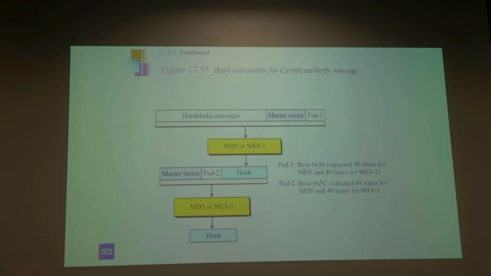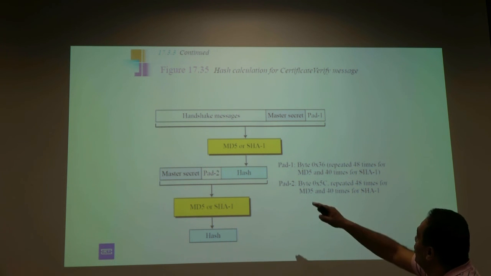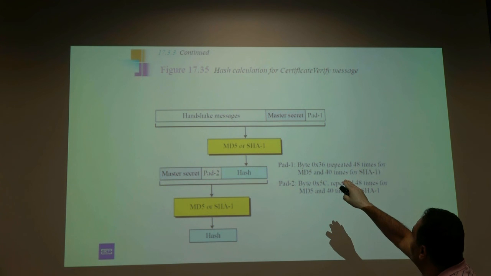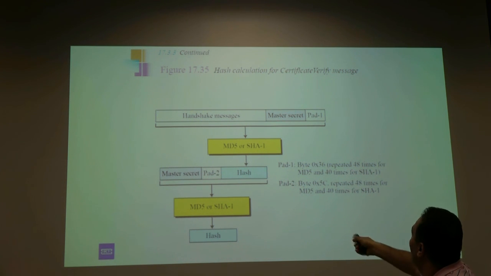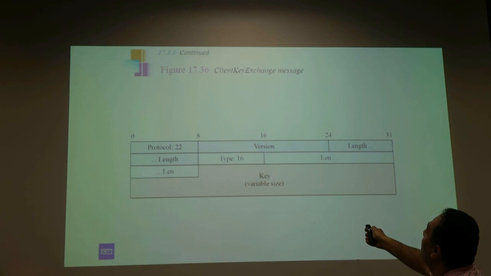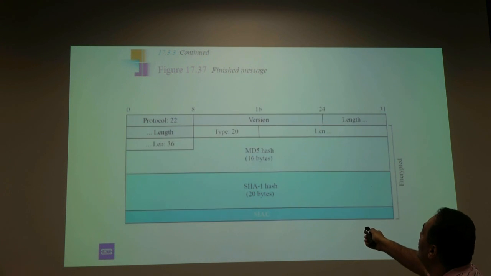Then we have the client, and here the hash calculation for the certificate verify message. You have the handshake messages, the master secret, and we just get the hash here. Then here the client key exchange message.